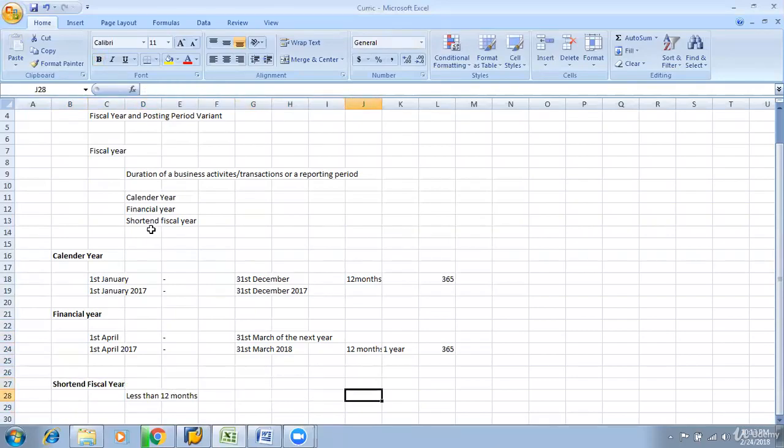For example, it is majorly seen in the construction business, where the contract is for 6 months. Or say I'm a seasonal fruits trader, for example mangoes, which are grown in summer. So I have my business only for 6 months. That is my shortened fiscal year. It was just an example.